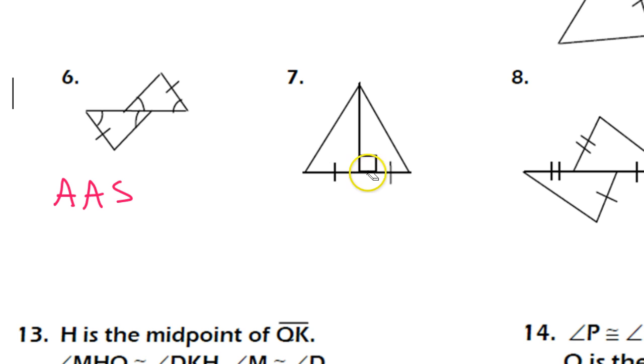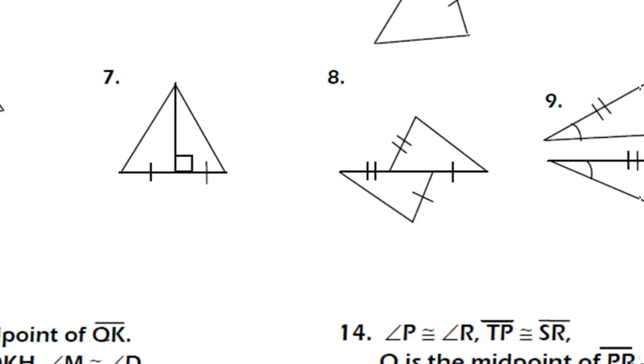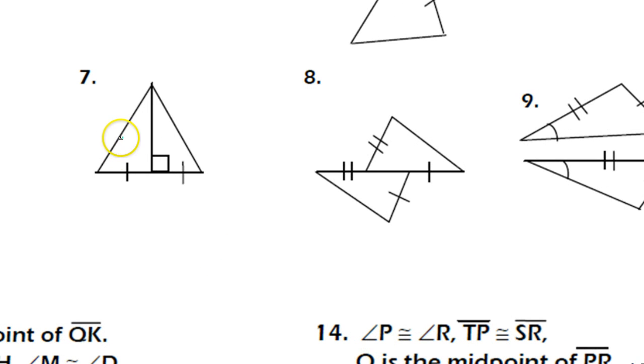Number 7. Now, I see the right angle, 90 degrees. That means there's a chance that this will involve the hypotenuse leg theorem, the HL. But not necessarily. First, let's mark the thing that's not showing. This shared side will be congruent for both triangles.